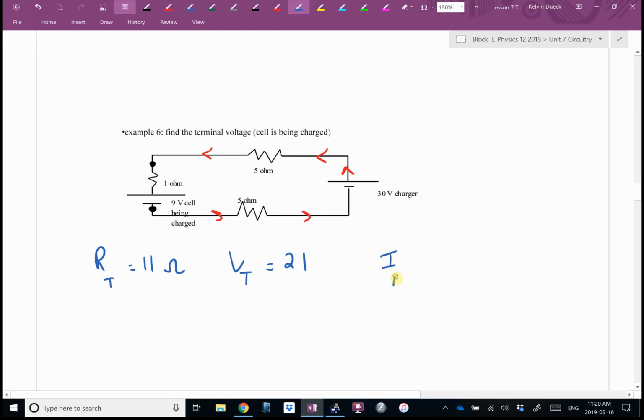What's the total current then flowing through this circuit? Well, that's going to be V total over R total, it's going to be 21 over 11.